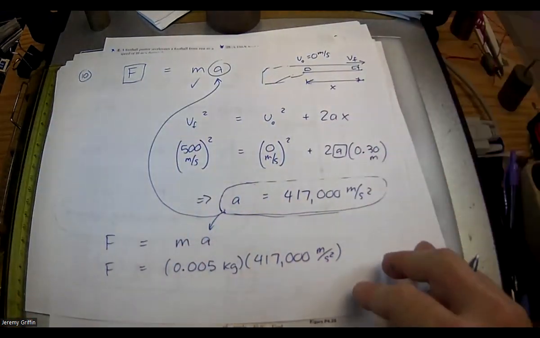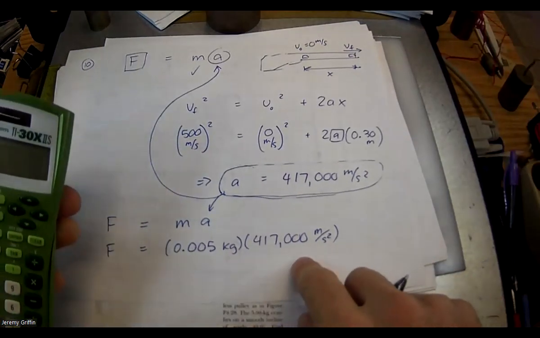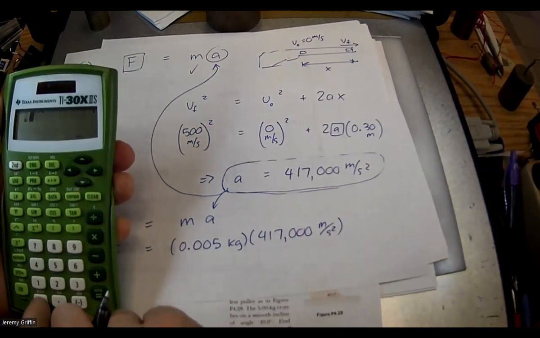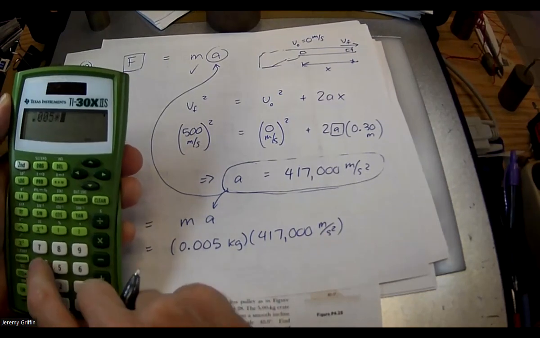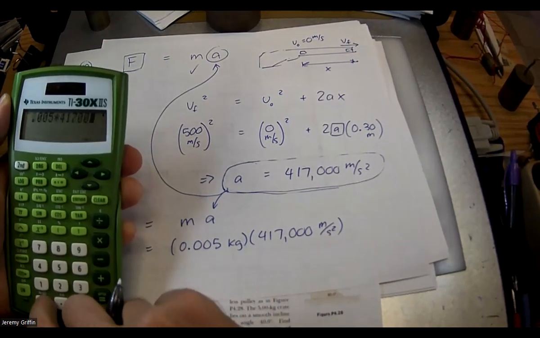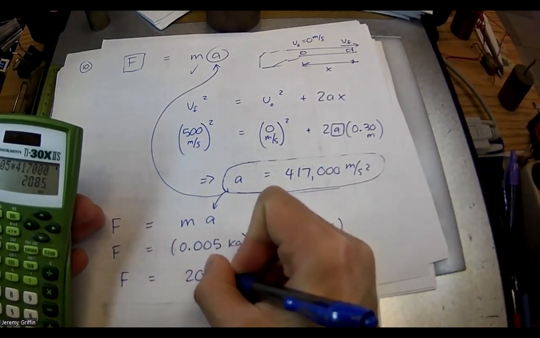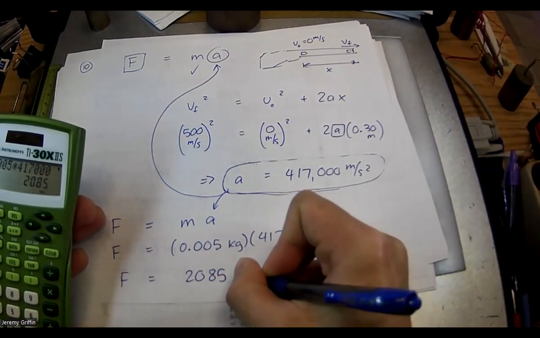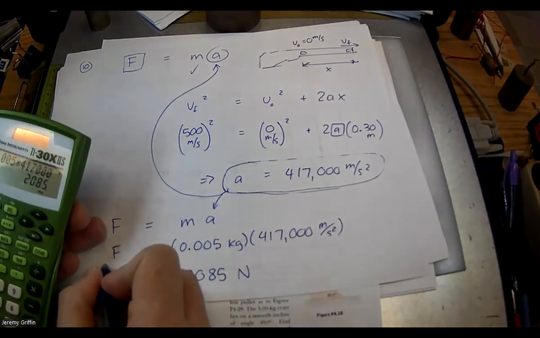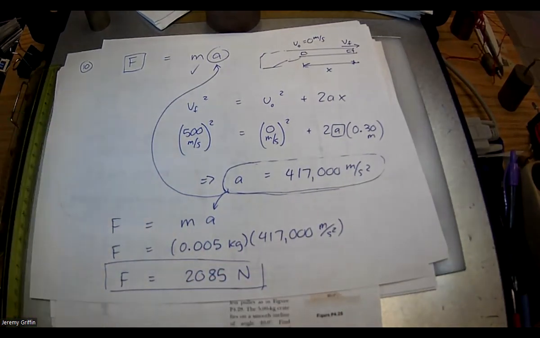We did that before, took care of that already. That's how we got this number. Okay. So that many kilograms times that many meters per second squared. Here's the force on my bullet, that many newtons. Right. Were you able to follow that process? Is that right?